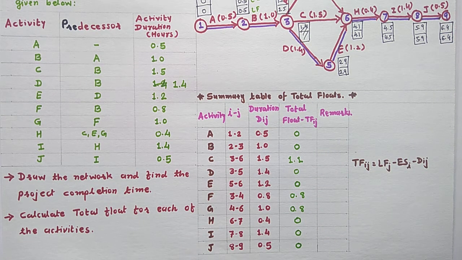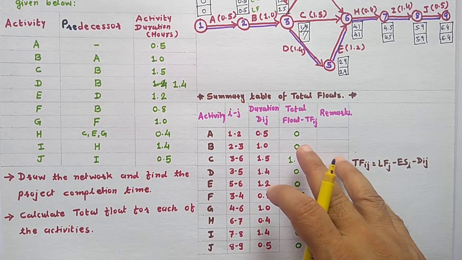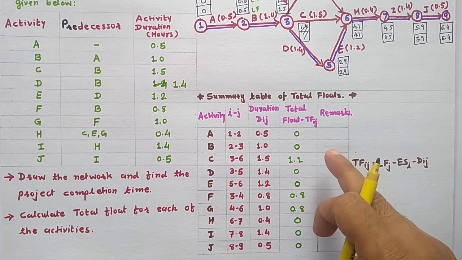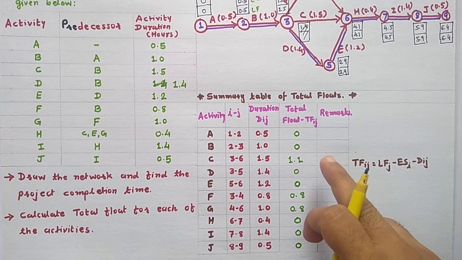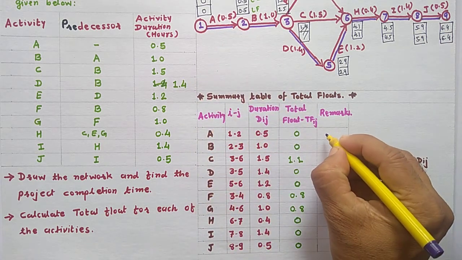Now see in all these calculations, the activity which has 0 total float becomes your critical activity. So here A, total float is 0.